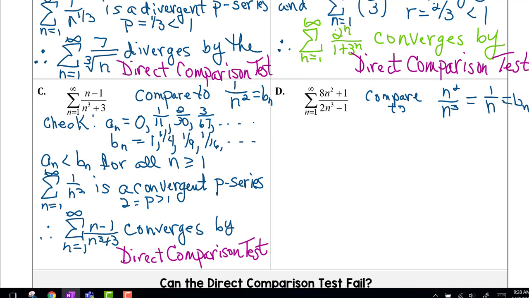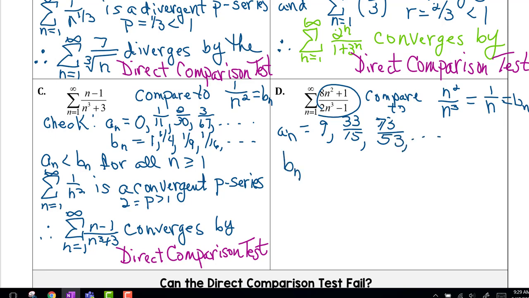And what we're going to notice here again, since these are a little more complicated, it does help to write out your terms. So the first term for the given series is going to be 9, and then we're going to have 33 over 15, and then 73 over 53, and so on.